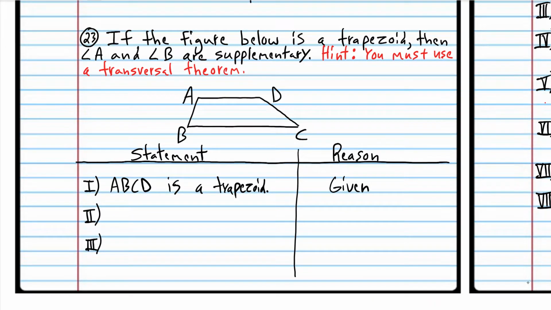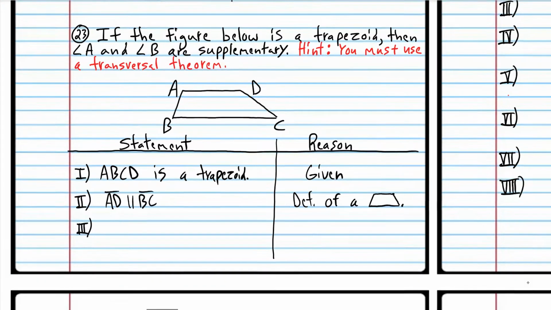And a trapezoid is defined as a quadrilateral with one pair of parallel sides. So we know that AD is parallel with BC. That is just the definition of a trapezoid. I'm just going to draw a picture of a trapezoid. It's kind of a long word.